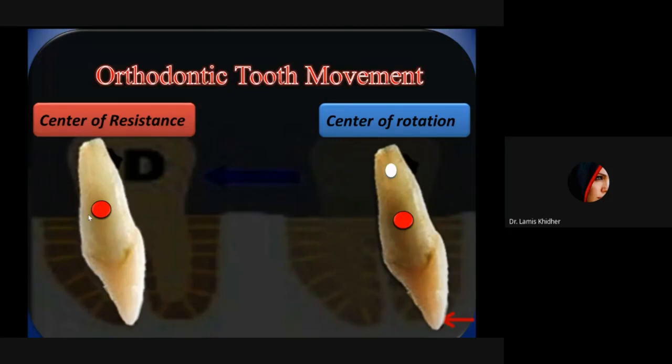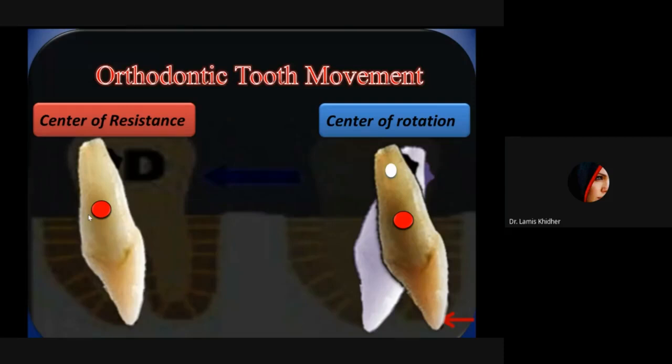The position of the center of rotation apically to the center of resistance results in a type of tooth movement called uncontrolled tipping movement. This uncontrolled tipping movement is characterized, as I will explain later, by crown movement in the force direction and movement of the root in the opposite direction.